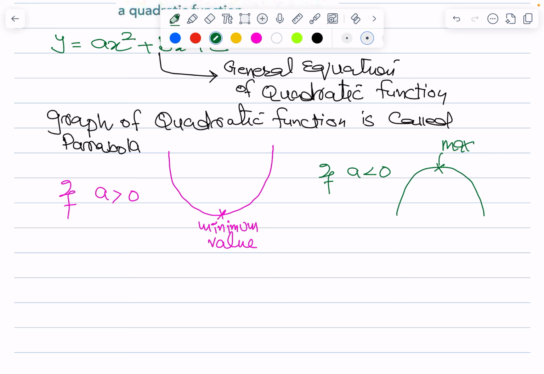Maximum value or maximum point, minimum point or maximum point. So how can we find this maximum or minimum point?